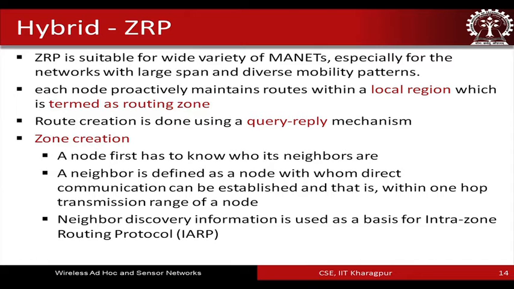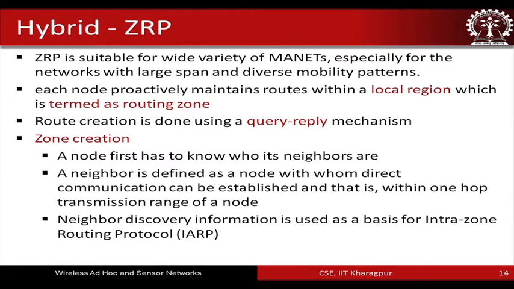But within a zone the proactive way of dealing with routing is adopted, and beyond the zone the node tries to adopt a reactive kind of mechanism. That is how it becomes hybrid.